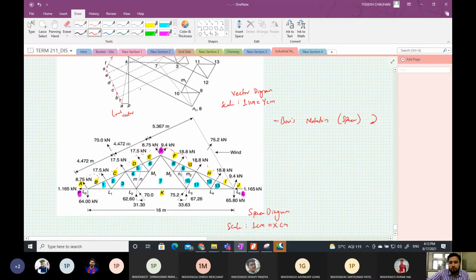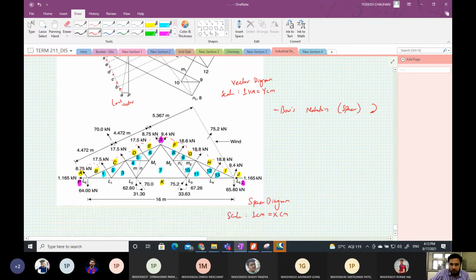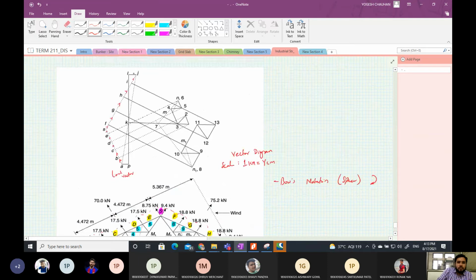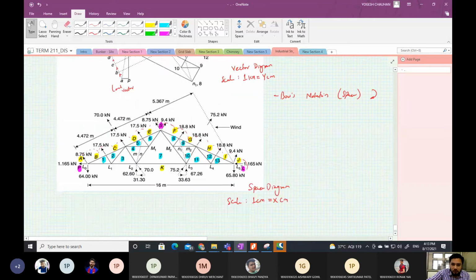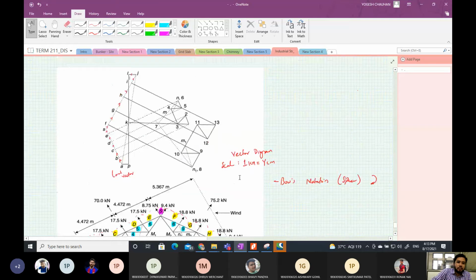Now from J to L, there is 1.17 kilonewton load in the negative x direction. Then from L to K, it is in the downward direction, 65.8 kilonewton. So draw a line of 65.8 in the downward direction, and you will get this point K.